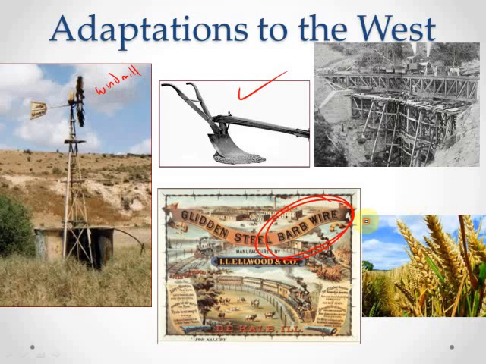But the most important thing to adapting to the West, irrigation. What's irrigation, folks? When we irrigate the West, what do we have to do? We have to bring water. So this includes dams, canals, rivers.